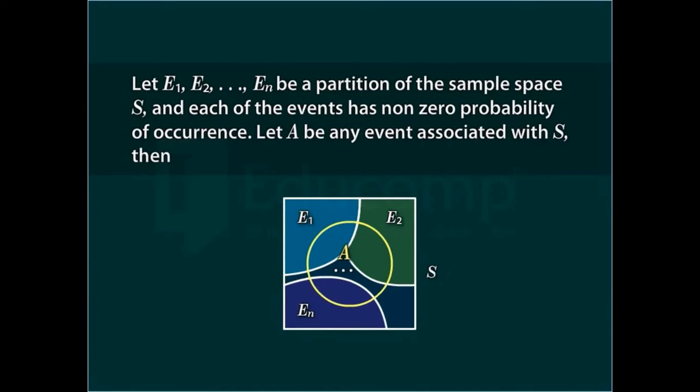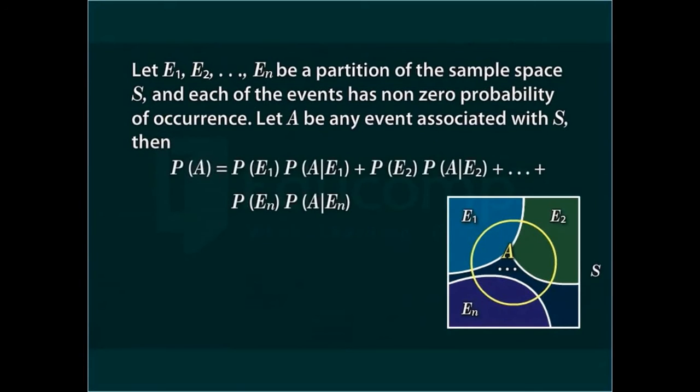Let A be any event associated with S, then P of A equals P of E1 into P of A, given that E1 has already occurred, plus P of E2 into P of A, given that E2 has already occurred, plus P of En into P of A, given that En has already occurred.